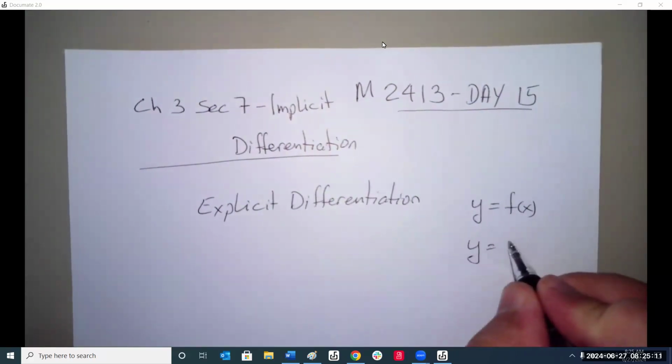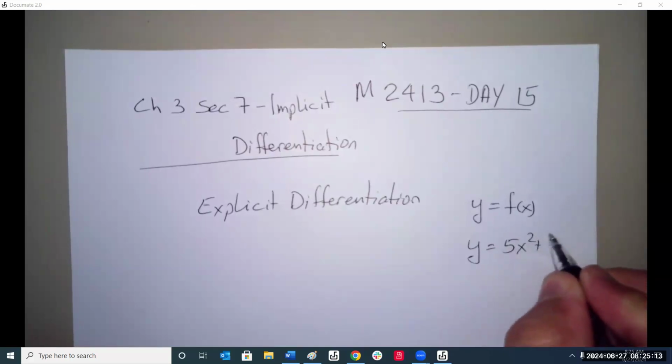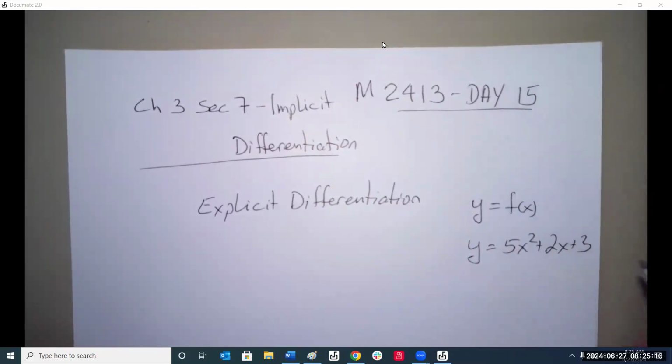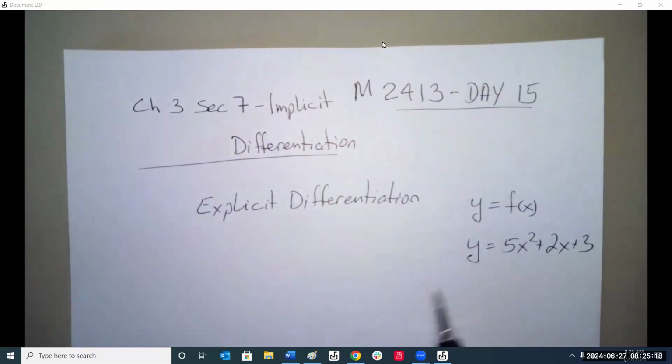So we have y equals 5x squared plus 2x plus 3. We separated the x and y's. Take the derivative of one side and we take the other.